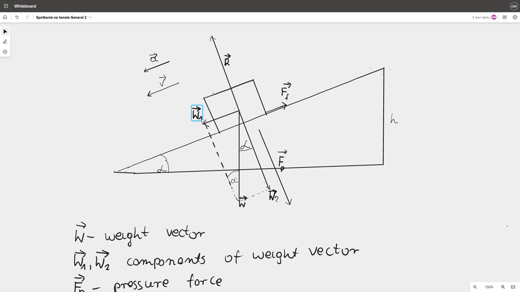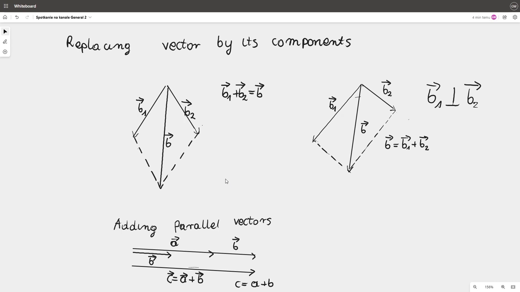The first is parallel to the ramp, and the second is perpendicular to the ramp. The effect of these components is the same as that of weight, W. Components of the vector don't have to be perpendicular, but usually they are.